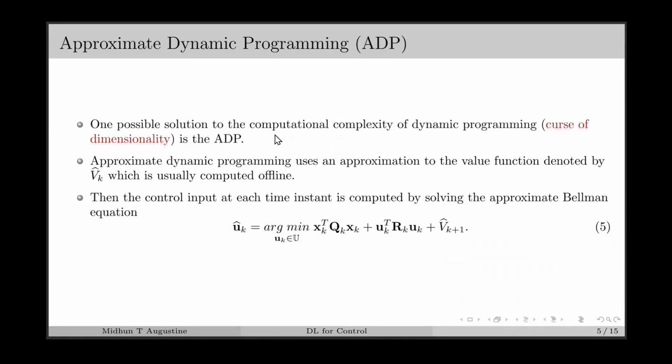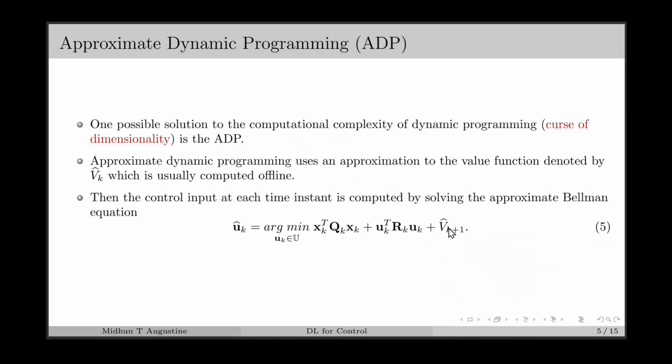One possible solution to the curse of dimensionality is approximate dynamic programming or ADP. In ADP, we use an approximation to the cost to go function or the value function. This approximation can be denoted by Vk hat, and this Vk hat can be computed offline in most of the cases. Then the control input at each time instant is computed by solving the approximate Bellman equation.